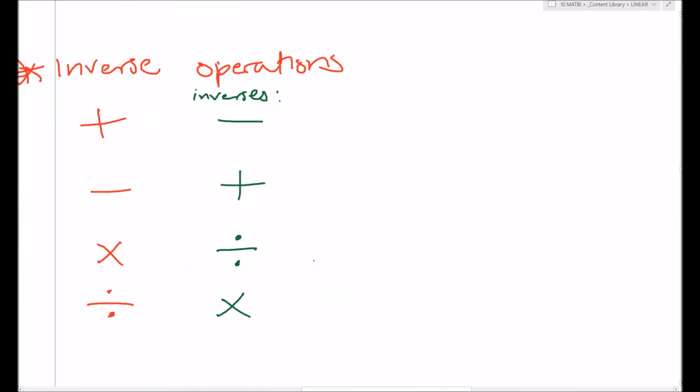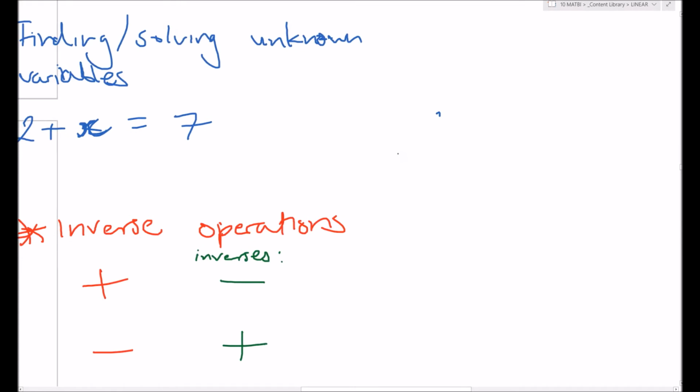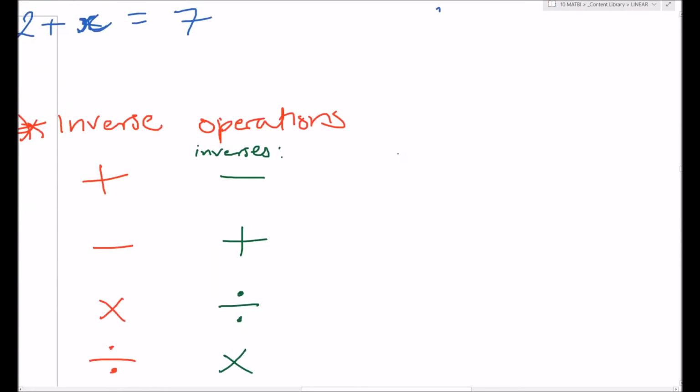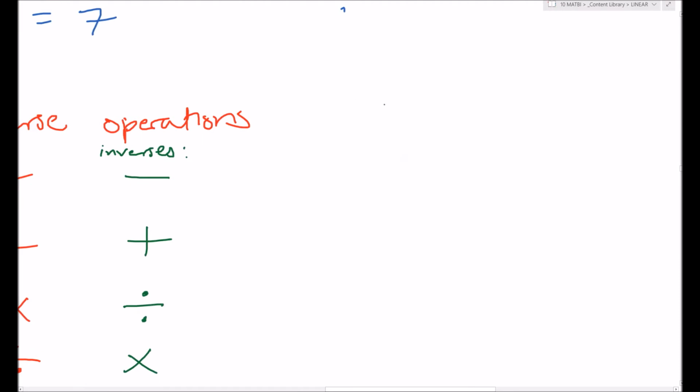I might quickly go through a few here just to show you guys how these two, finding unknown or solving unknown variables and inverse operations, work. So let's say you have a question that goes, let's make it even easier, 2 plus x equals 7. And you're trying to figure out, what is x?